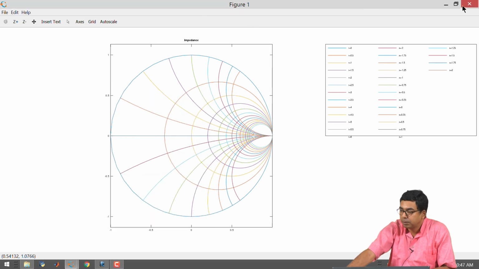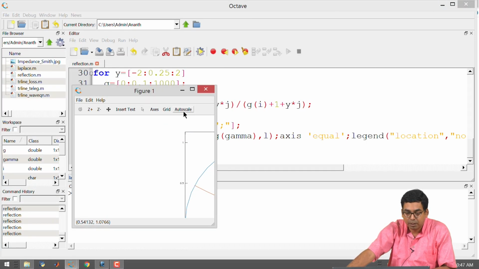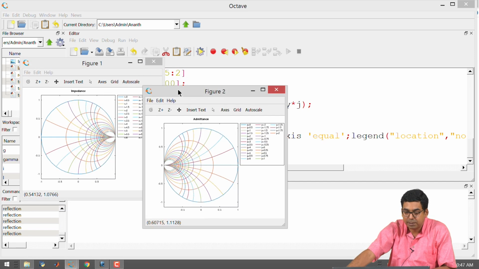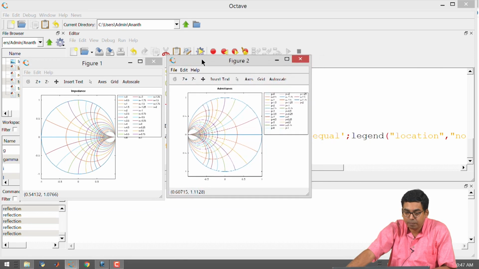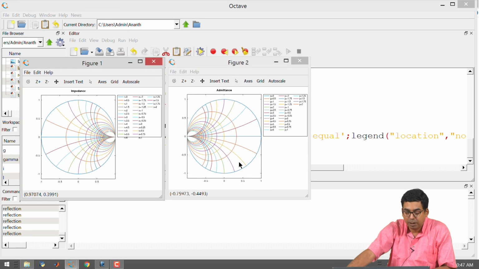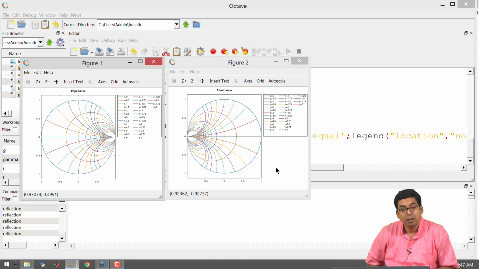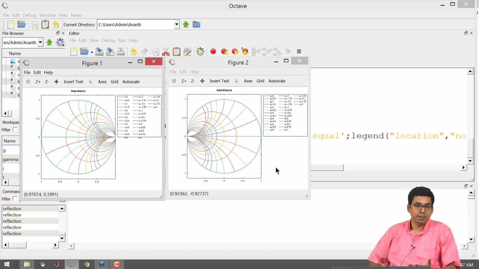Just take this, restore it a little bit, and auto scale. Put figure 1 and figure 2 side by side. And you should be able to see something that's happening, all right. Both of these are Smith chart because you are just representing impedances or admittances on the complex gamma plane.